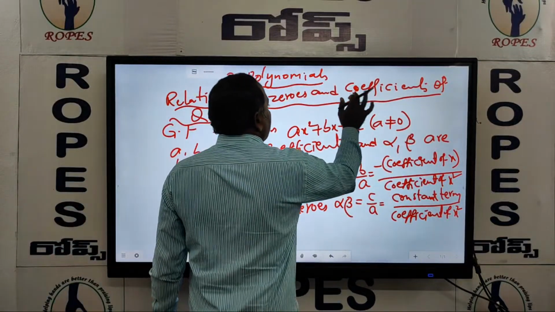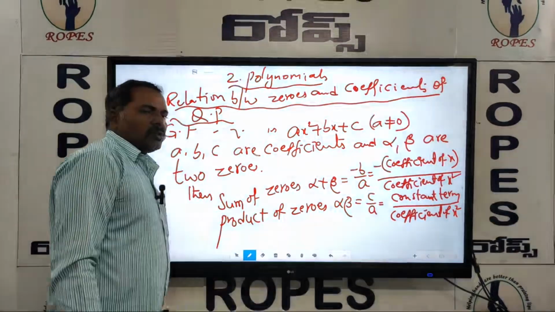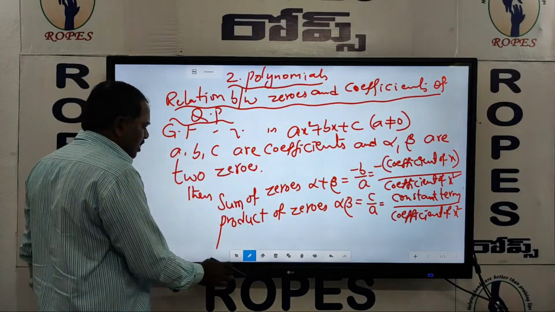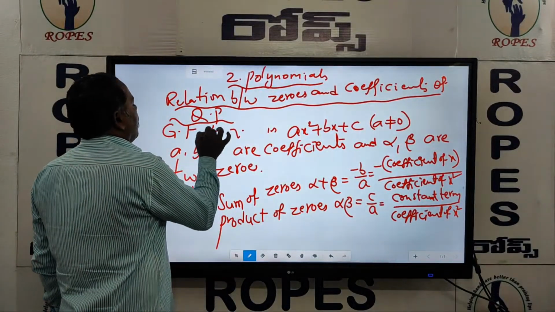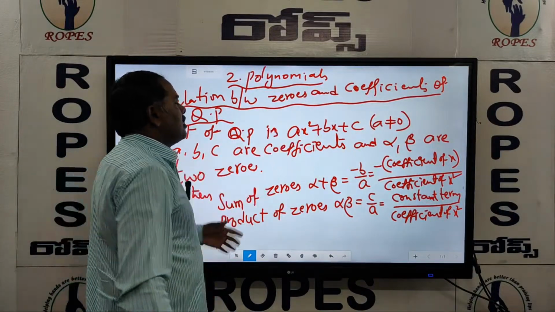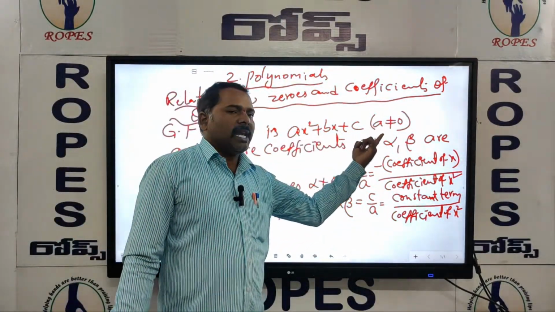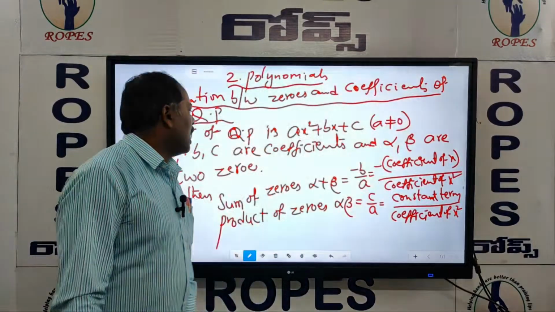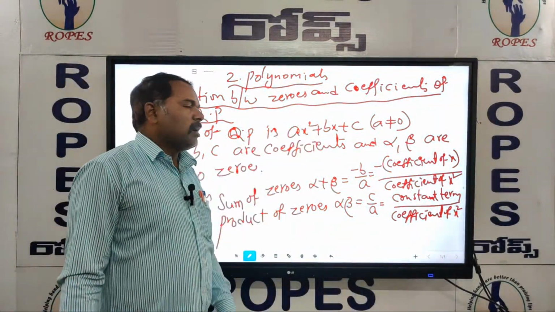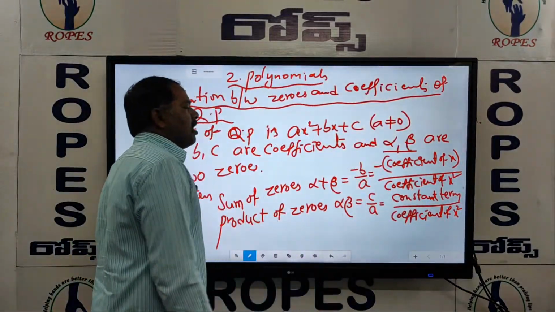Is it clear? So the general form of a quadratic polynomial is ax square plus bx plus c, where a is not equal to 0 and a, b, c are the coefficients of the quadratic polynomial, and alpha beta are the two zeros.